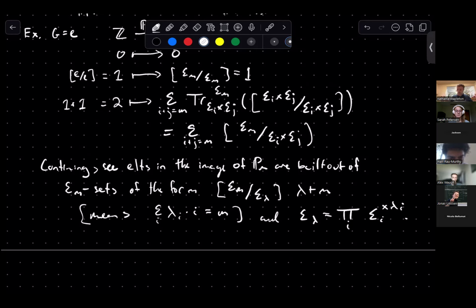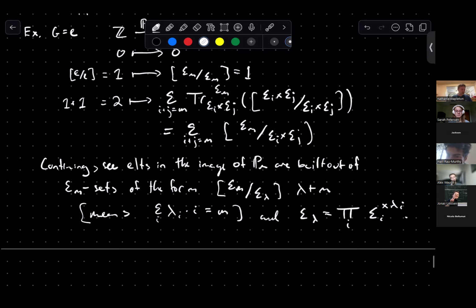That's the only information that's there because partitions correspond to conjugacy classes of elements in the symmetric group. But here there's tons of subgroups in the symmetric group, and it turns out only the ones corresponding to partitions are showing up in the image of the power operation.